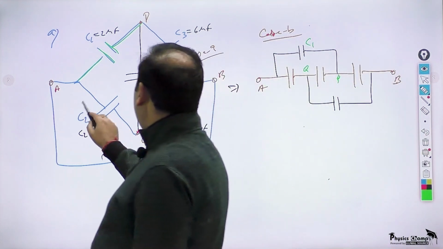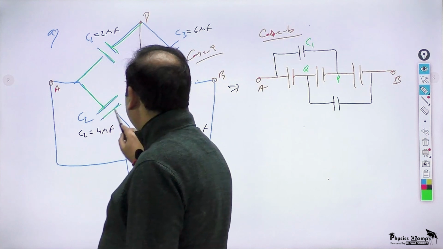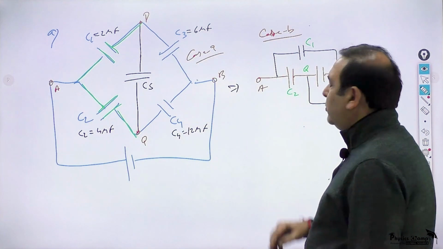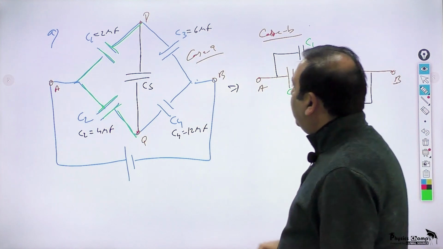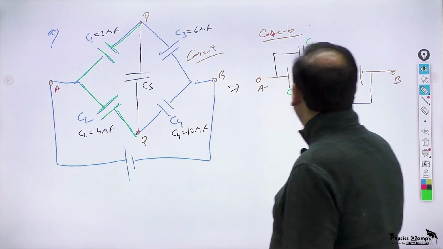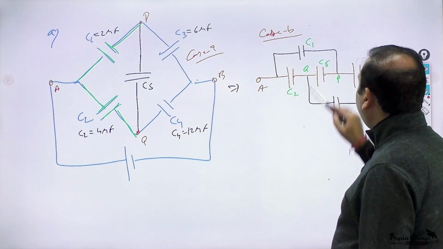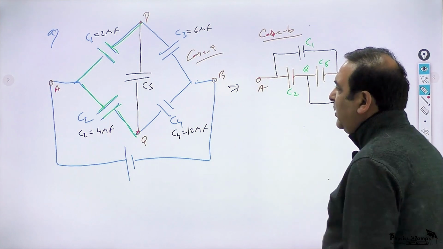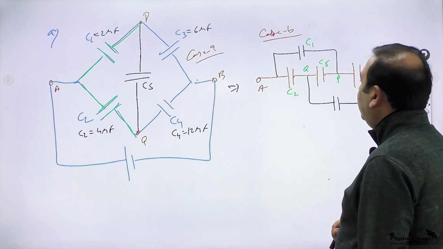Between A and Q you have a capacitance C2. Between P and Q you have a capacitance C5. I am just trying to compare with this standard Wheatstone bridge figure.